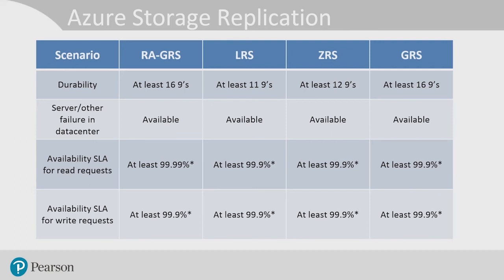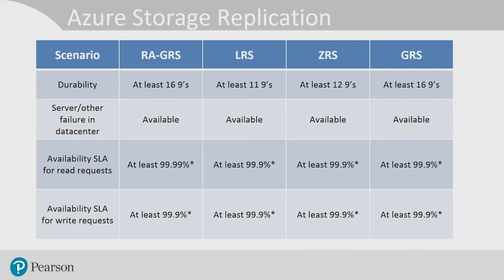Notice that with all the options, we have server or other failure in the data center protection. Also, the availability SLA, service level agreement for read requests on RAGRS is at least 99.99. So that's 4 nines. Now, what does the asterisk mean here, by the way?